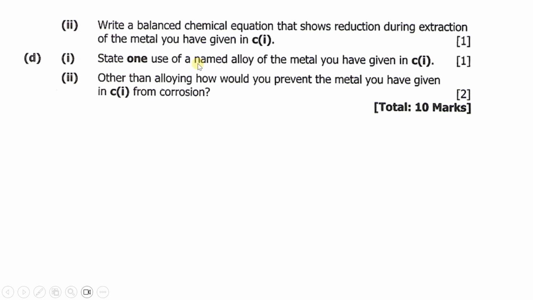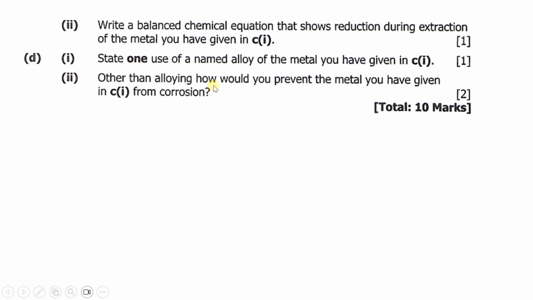Then part 2, write a balanced chemical equation that shows reduction during extraction of the metal you have given in C part 1. Then D1, state one use of a named alloy of the metal you have given in C1.